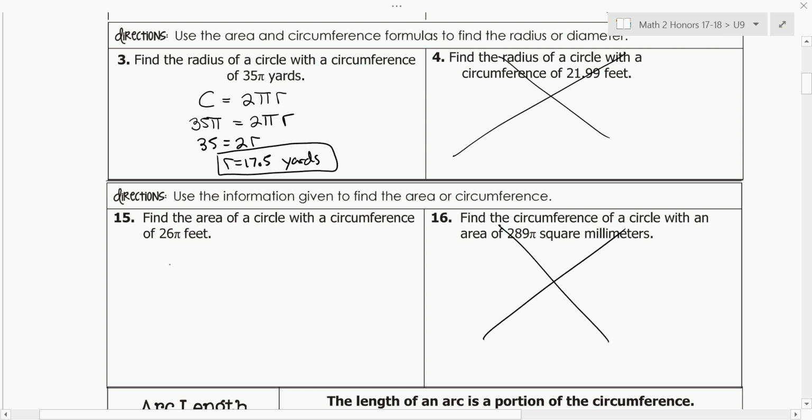So how'd you get it? Okay, so 26 pi is our circumference, and that's equal to 2 pi r. Divide that with the pi, so you get 26 equals 2r. We get 13 for our radius, and then you squared it.